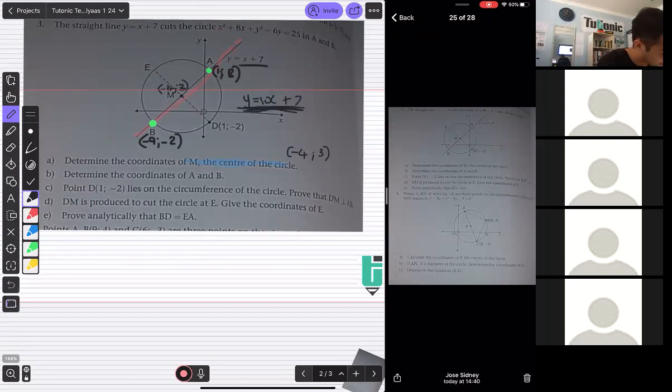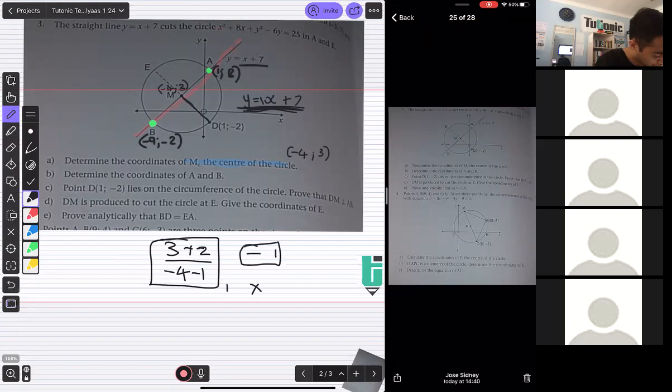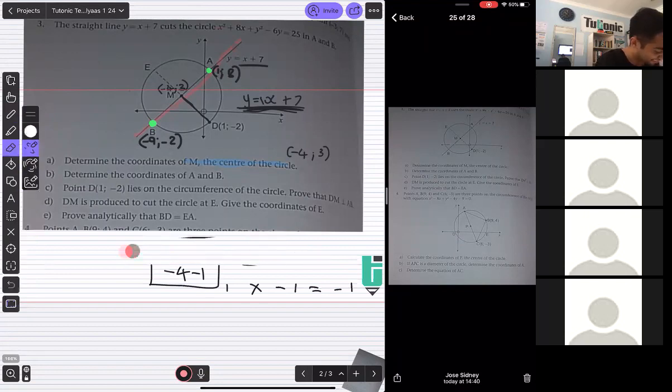All you have to work out is this one. It's going to be 3 minus -2, which is +2, over -4 minus 1, and 1 times -1 is -1. Great. So you've proven that they're perpendicular.